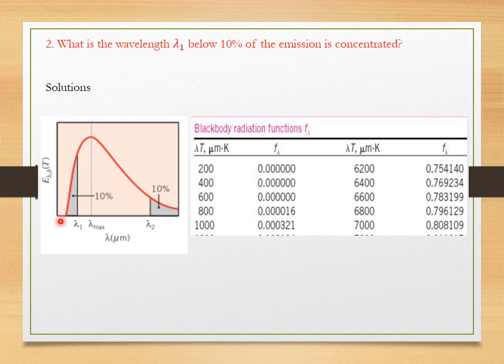Knowing that the total underneath the graph equals 1, in the range of 0 until 1. Below 10% refers to this part, gray in color. And 10% refers to, let's say the question asks for the wavelength lambda 2, for example, above 10%. So above 10% refers to this case of the emission is concentrated.